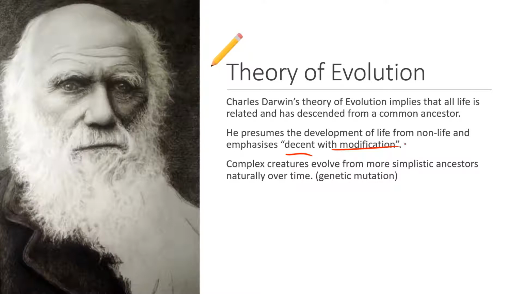Genetic mutation. Take a simple thing, because the DNA makes a mistake, that mistake might be good. So therefore, the next animal might have that mistake as well. But then that makes that animal very different from the first animal.